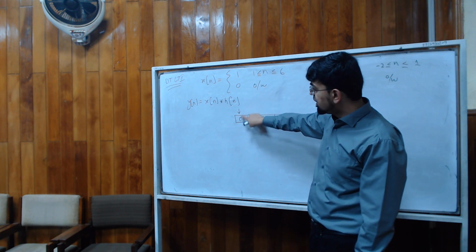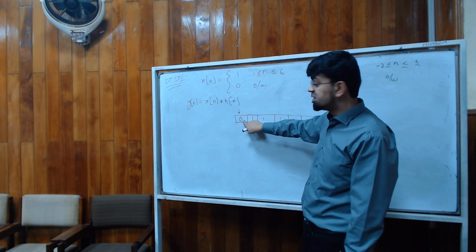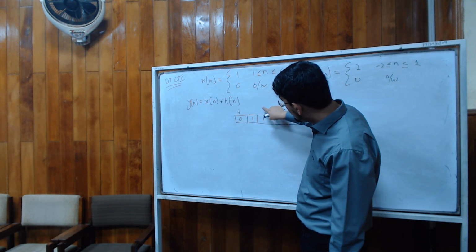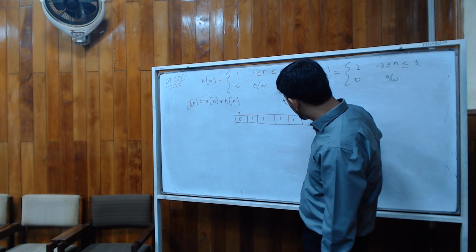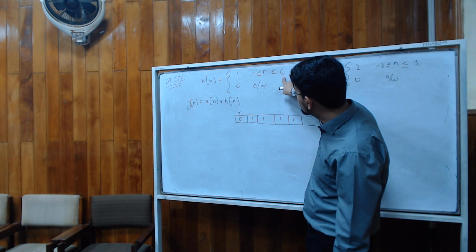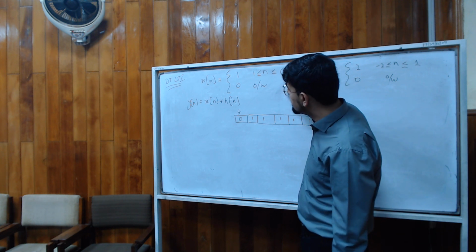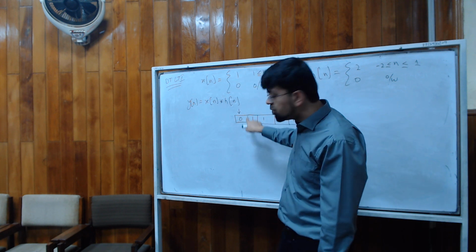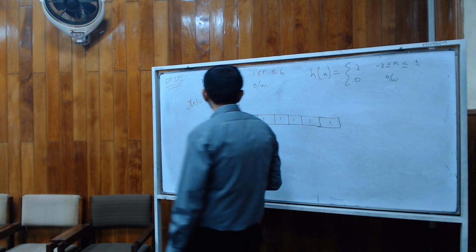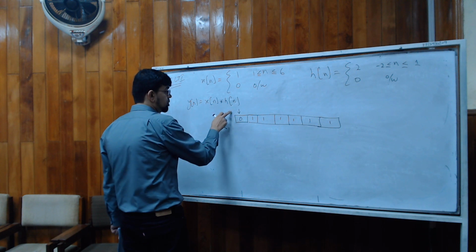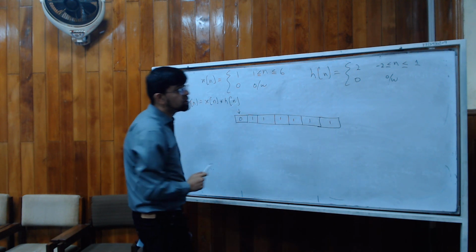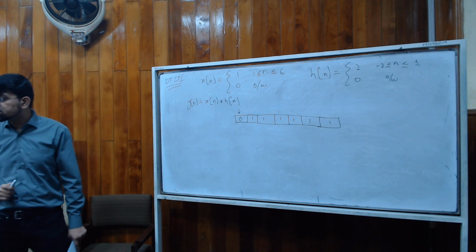The arrow tells you that this is the value at n equals 0. So this is x0, this is x1, x2, x3, x4, x5, x6. After that it becomes 0, and before that it's also 0. We needed a 0 here to identify the pivot.